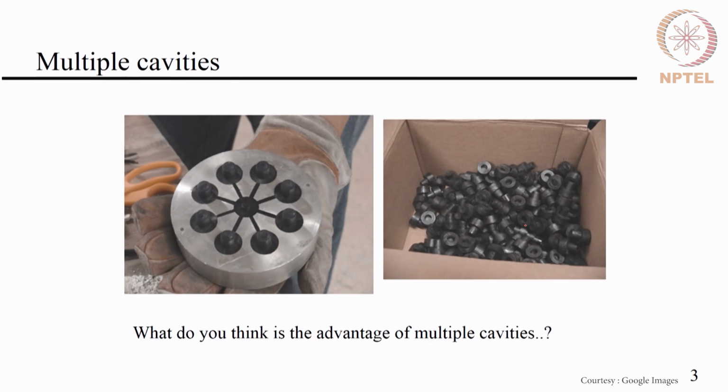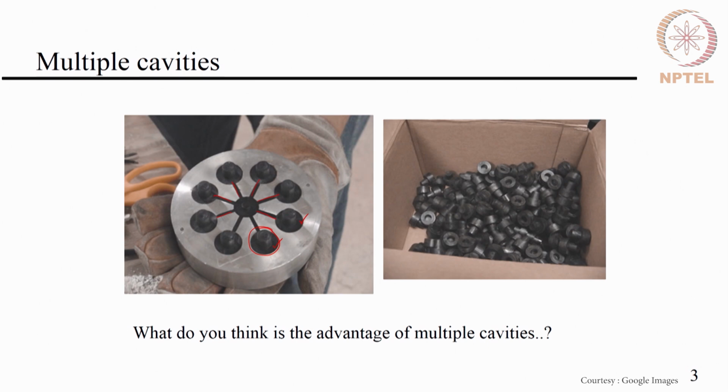This is an example which shows multiple cavities. So, there are several cavities, and there is a gate to allow material flow into all these cavities. So, instead of making a mold for a single component, here you see that in one mold cycle we are going to get several components. So, what are the pros and cons?